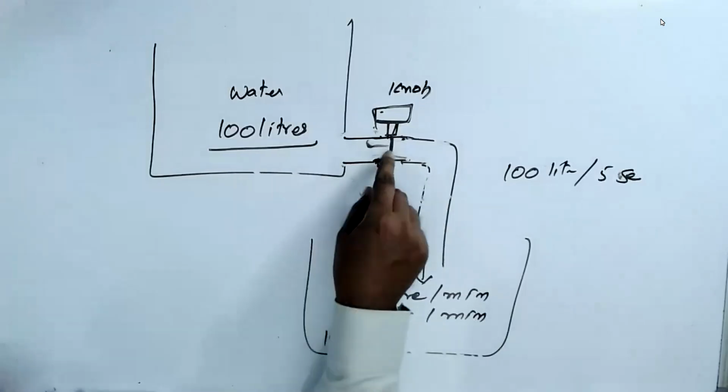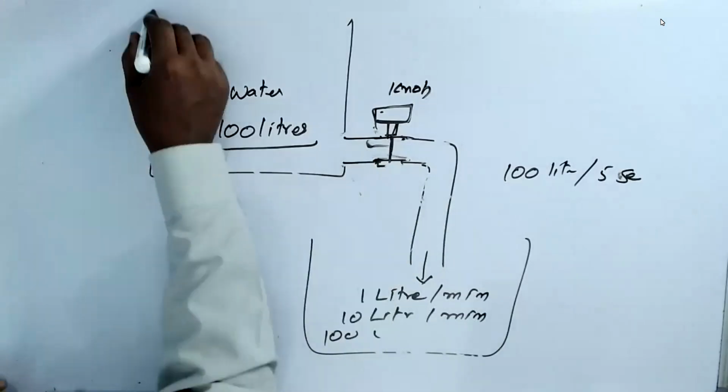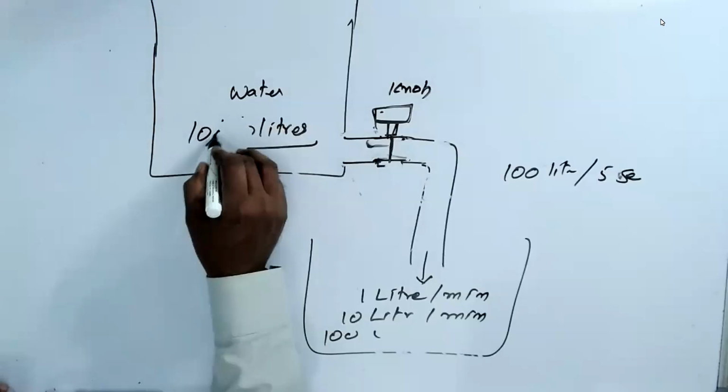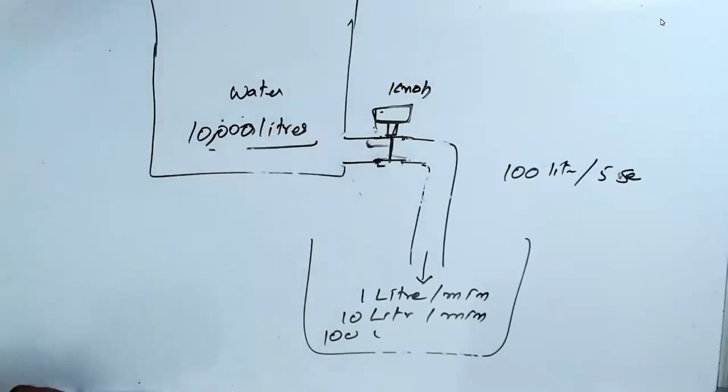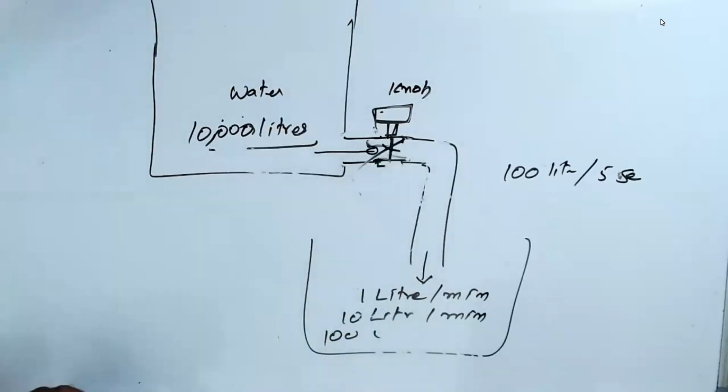But there's a trick here. If I have a very big water tank, instead of 100 liters, about 10,000 liters, with a small knob, what will happen? The water will give so much pressure that the knob will be broken.